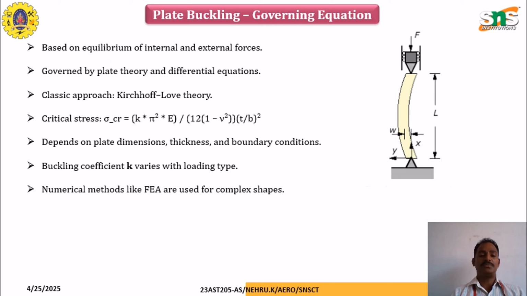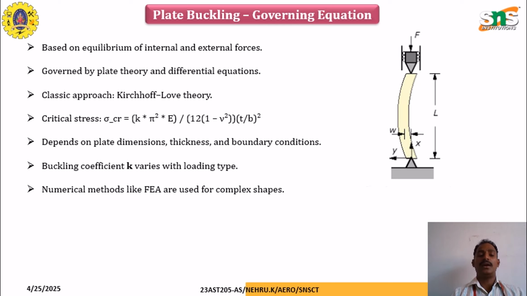The critical stress sigma_cr equals k pi squared E over 12 (1 minus nu squared) times (t/b) the whole squared, which purely depends upon the plate dimensions like thickness and boundary condition, where k is the buckling coefficient of the loading.